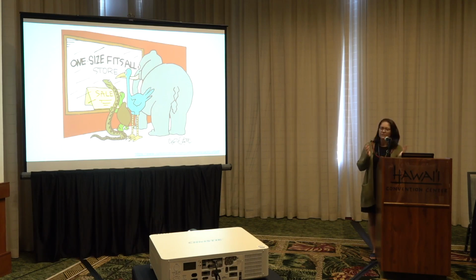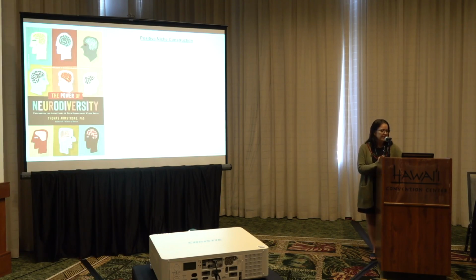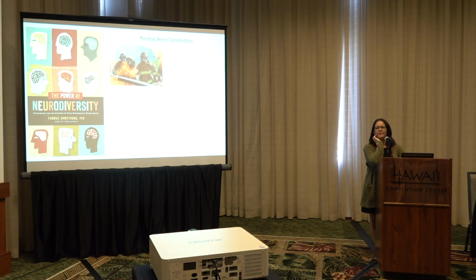And I've talked about positive niche construction, and that's just another way to reframe our thinking. So let's take a look at that. This is Dr. Thomas Armstrong's book, and he says people with neurodiverse brains can create special niches for themselves where they can be their unique selves. I'm thinking of a person maybe with ADHD who requires a job that has thrills, creativity, novelty.